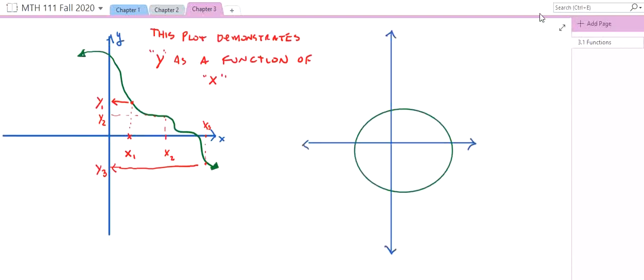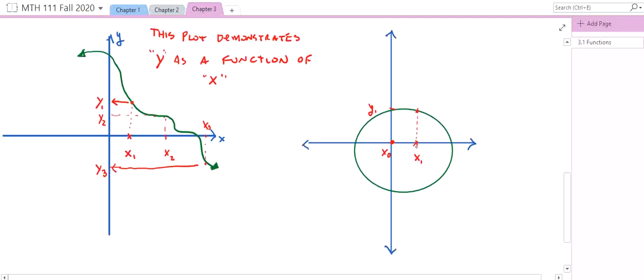On the other hand, suppose I have a plot of a relationship that looks like an egg here, or a circle, or an ellipse actually. In this problem, you can see here that for some particular x1, I have a particular y1 over here, and for this x0, say, I have the same y1, so that's okay, that's functional so far.